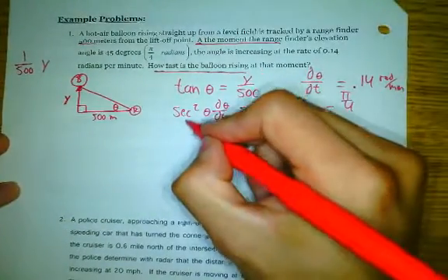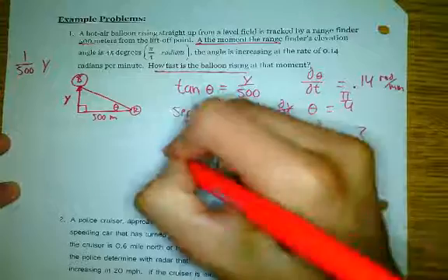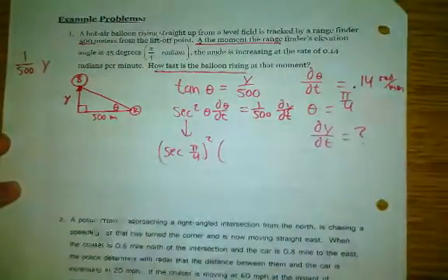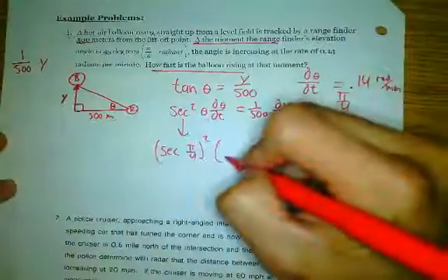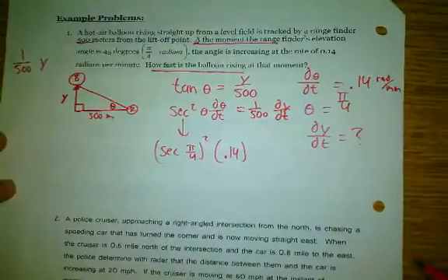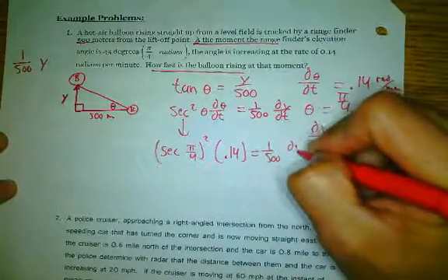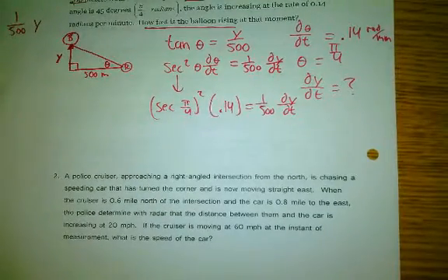Okay? Alright, technically this is the same thing as saying secant of pi over 4 squared times, what is d theta dt? Well, d theta dt is 0.14, equal to 1 over 500 dy dt. Okay, here's where your trick comes in very handy.